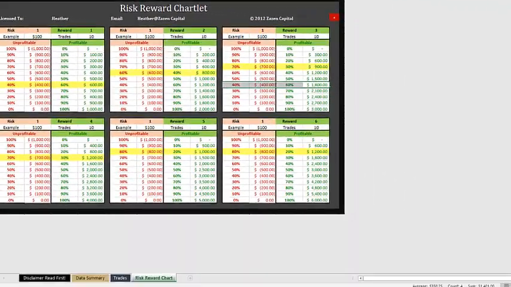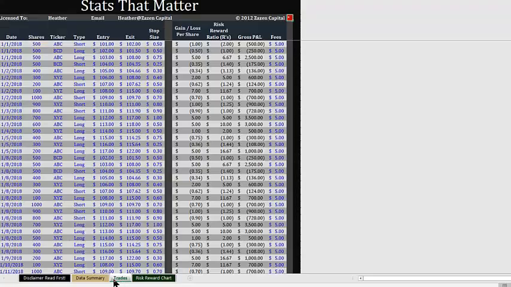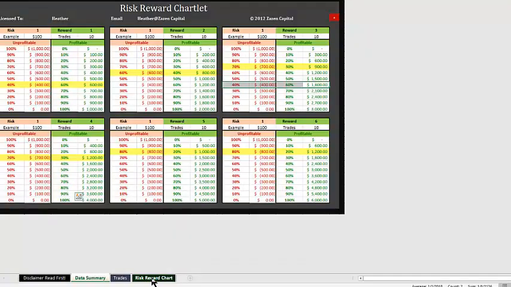So it's not enough just to track data. You want to track data that matters, and then you need to be able to translate that into a plan of action to improve your performance. Typically that involves either taking higher probability trades, thus reducing your number of losses, or letting your winners run longer so that you can have a higher reward ratio. The truth of the matter with trading, you can really only control the severity of your losses and to some extent the frequency of your losses with your strategy.